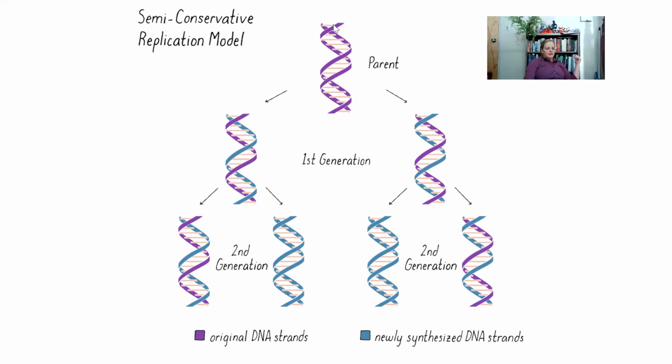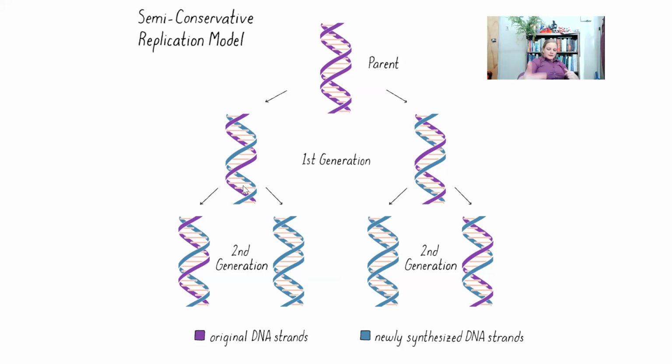If we pretend that this little purple sugar phosphate backbone has been labeled with a heavy isotope, then we see that one of those strands goes to each of the daughter DNA molecules, and half of that double helix is new material produced with regular nitrogen.